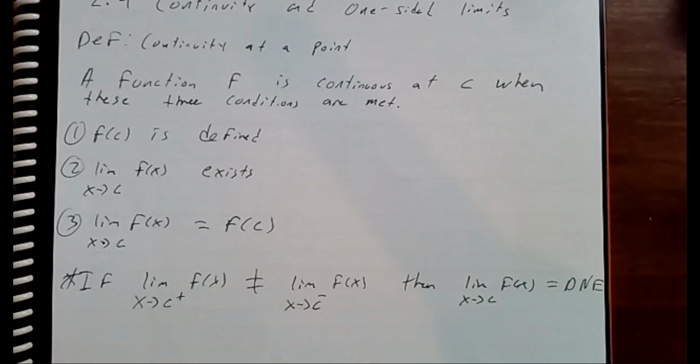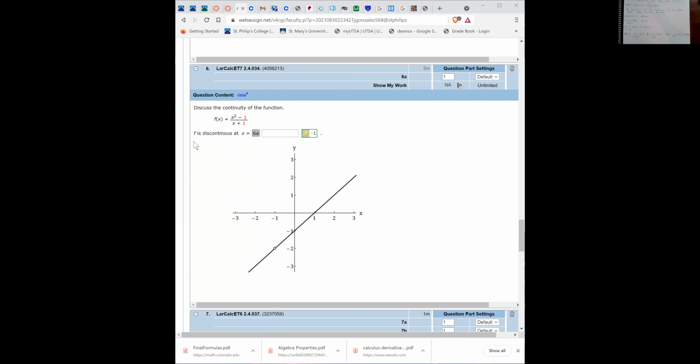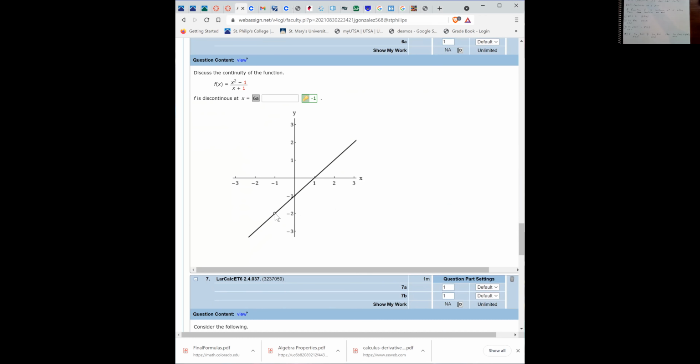Okay. So on this one as well, if it's asking where it is continuous, if you graph it, you'll see it. Although they gave me the graph here, so -1, right? There's a hole there. So that fails number 1 of our definition. So -1.